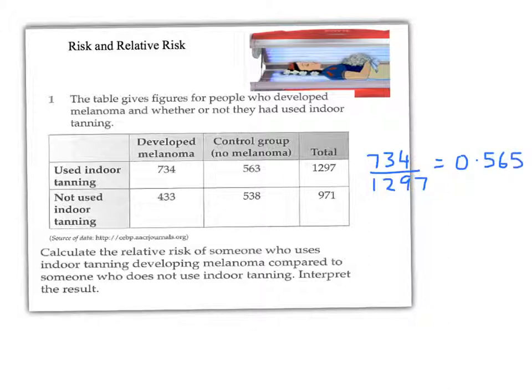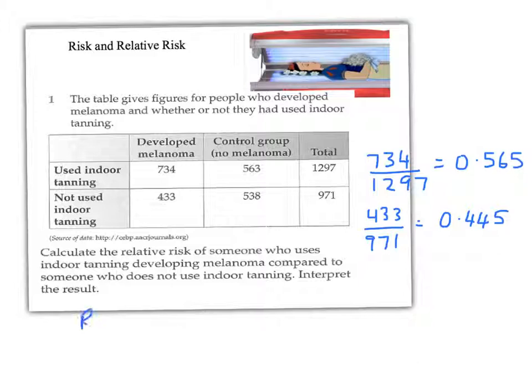Now, I don't know the extent of this melanoma, but anyway. And for those who didn't use indoor tanning, 433 out of 971 developed melanoma. So that's 0.445.